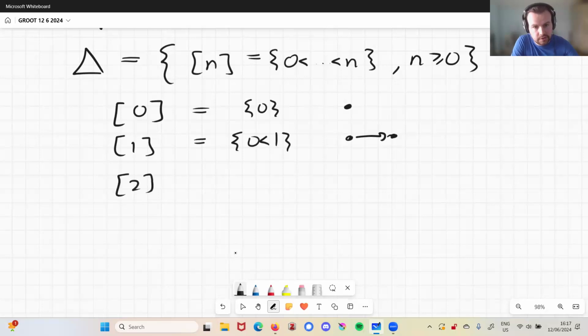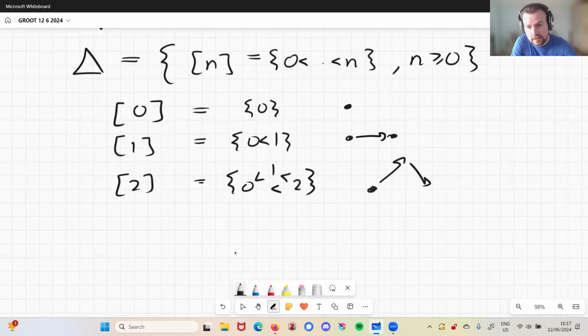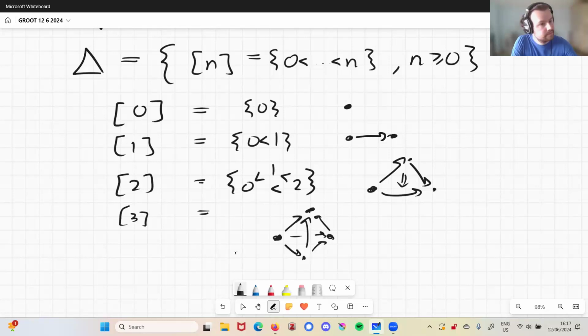If we look at 2, we have 0 less than 1, which is less than 2, and 0 is itself less than 2. So we can interpret this like a triangle. And 3, just to quickly show, if you look at everything, you get what you might consider a tetrahedron. And this continues. This interpretation is totally fine in higher dimensions.